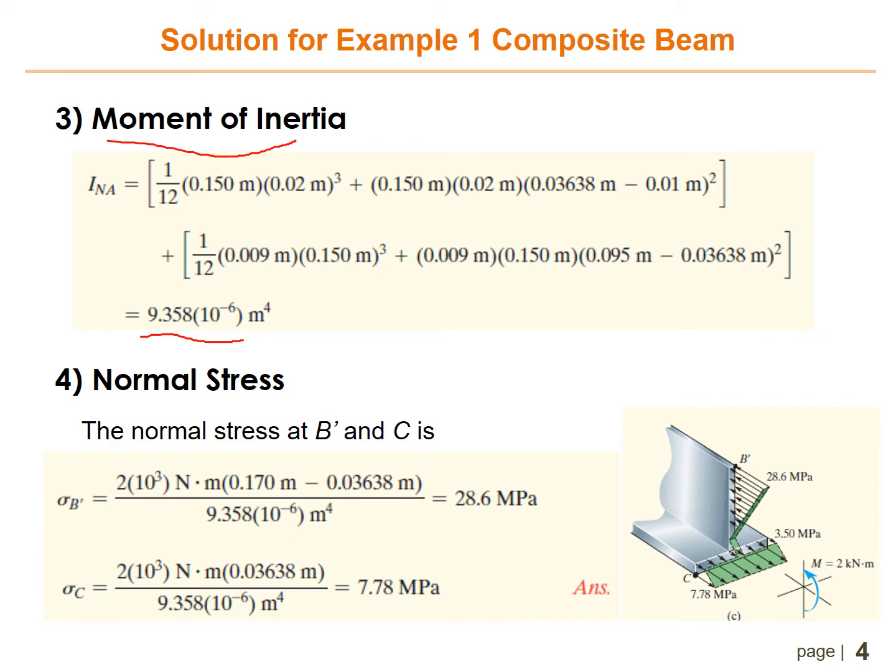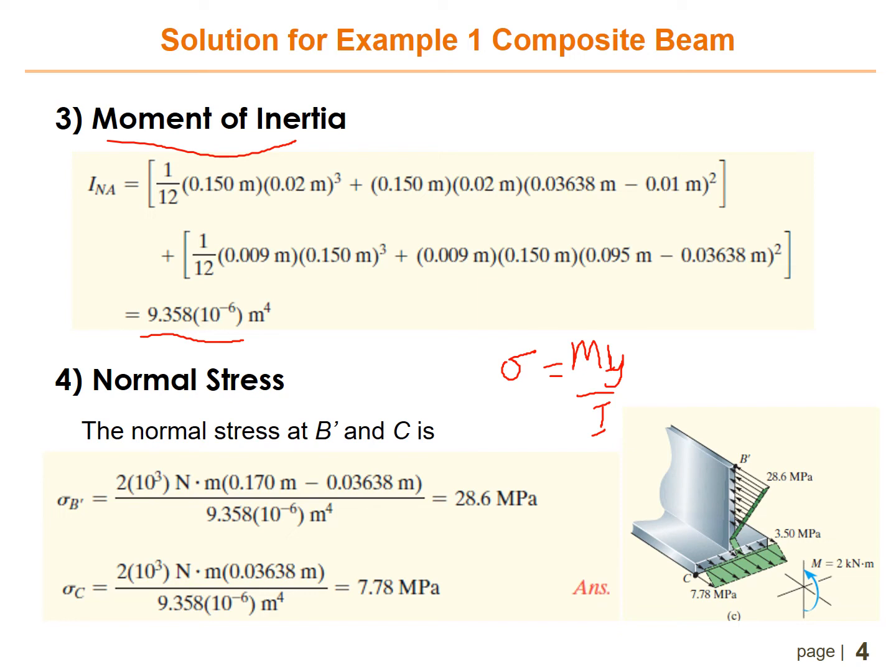Applying the flexural formula, the normal stress at B prime and C. For the stress at B prime, we use the formula stress equals M y divided by I. So for moment we use 2 times 10 to the power of 3 Newton meter, and for y it is 0.17 minus 0.03638, divided by the moment of inertia.